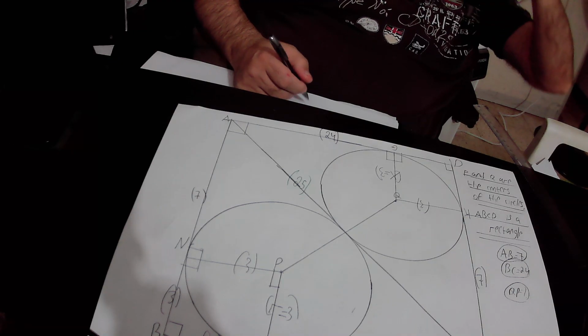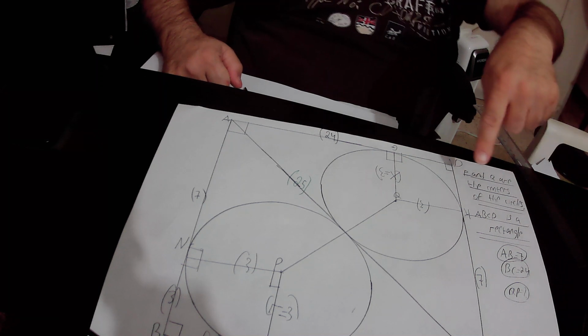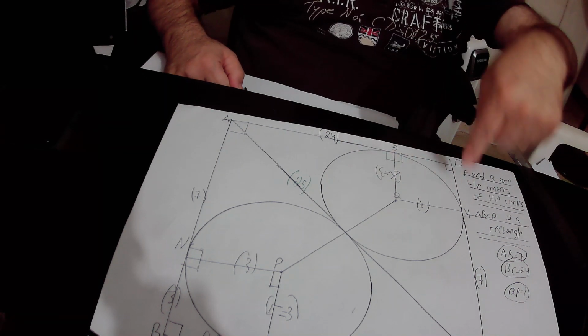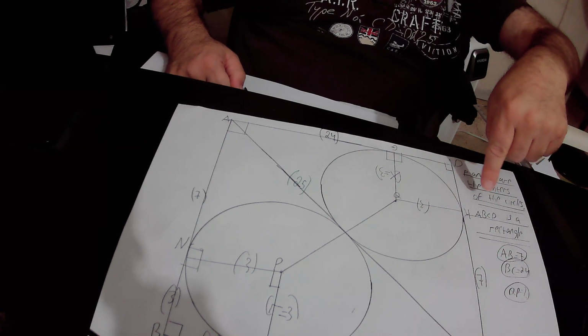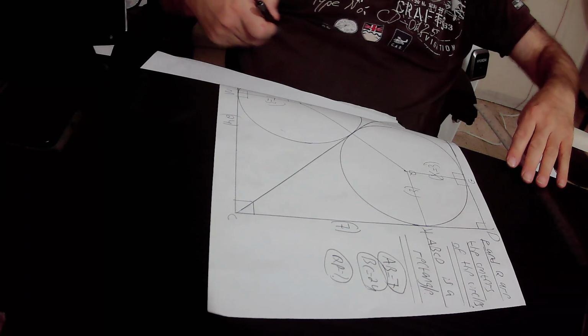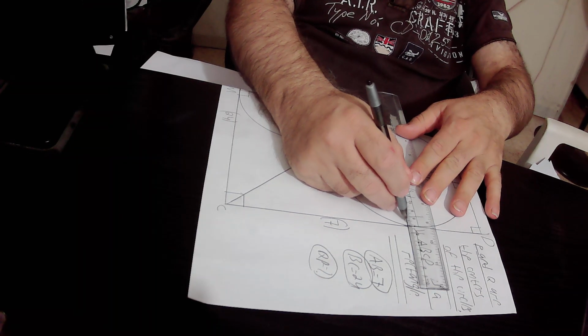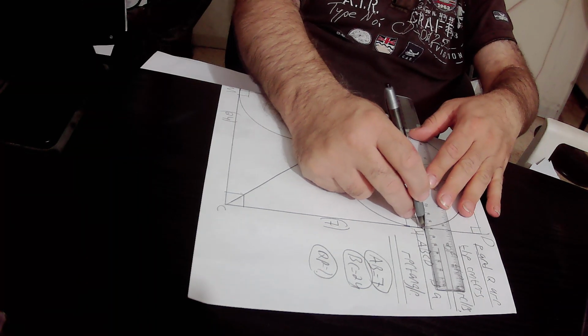And whenever you have a radius that is drawn to the point of tangency, then tangent DC will be perpendicular to the radius QK. If DC is perpendicular to QK, it means that this angle equals 90 degrees, and this angle also equals 90 degrees according to rule number 1.